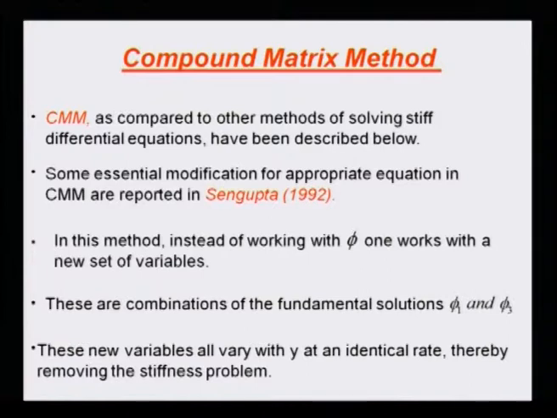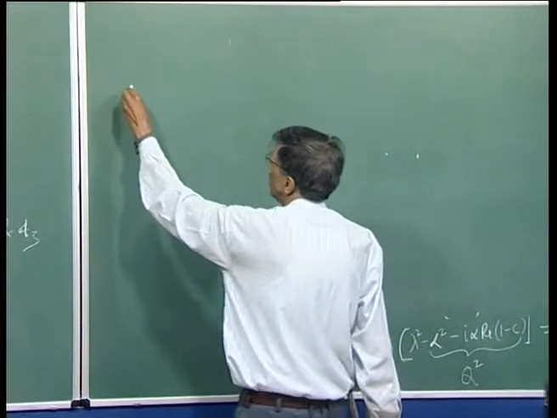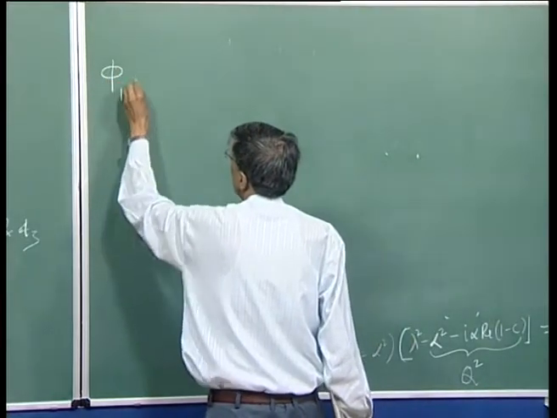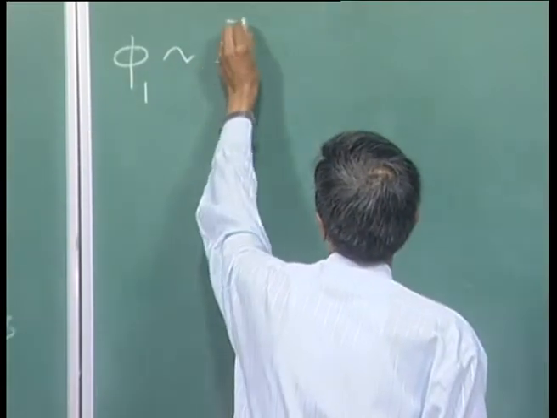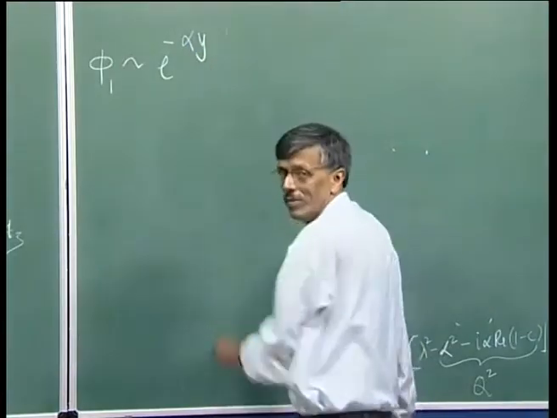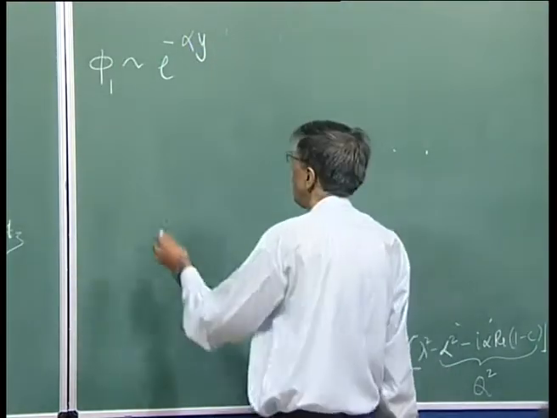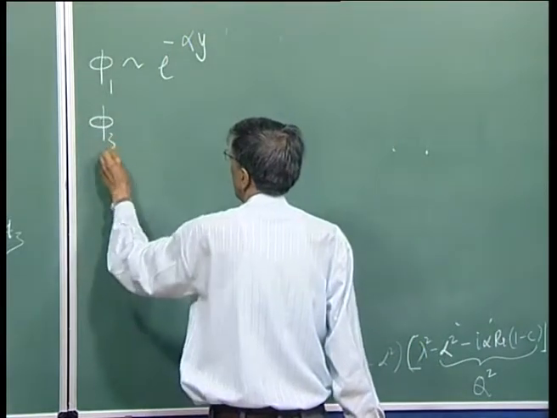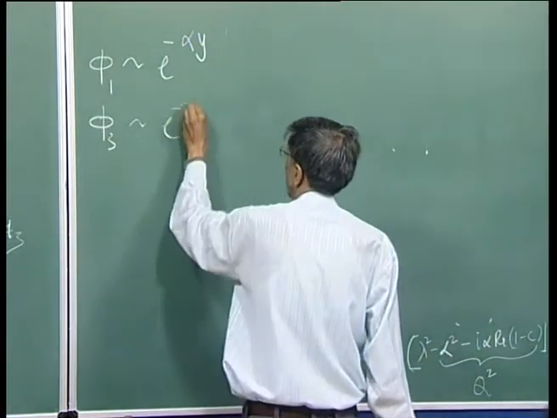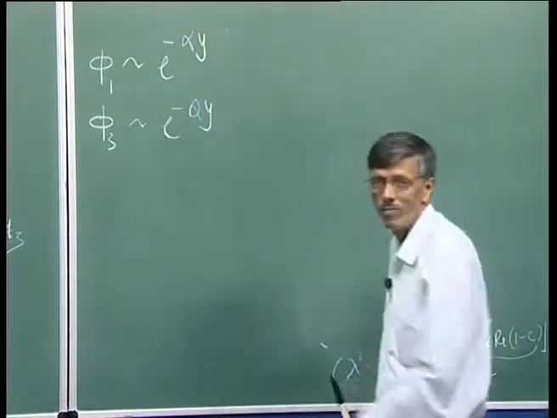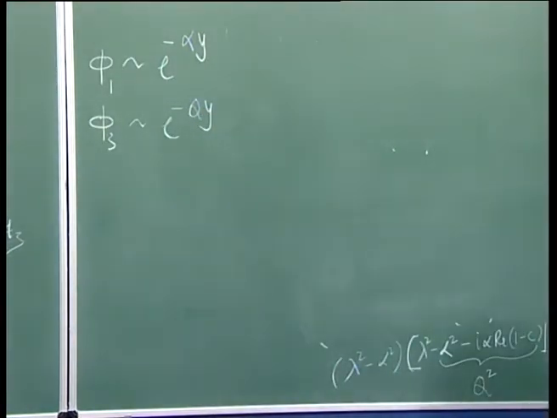If we remove all of it, this is what we are seeing, that we have two quantities, right. So, phi 1 we know varies as e to the power minus alpha y, and phi 3 varies as e to the power minus q y.